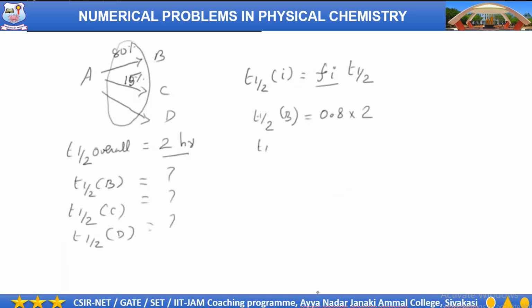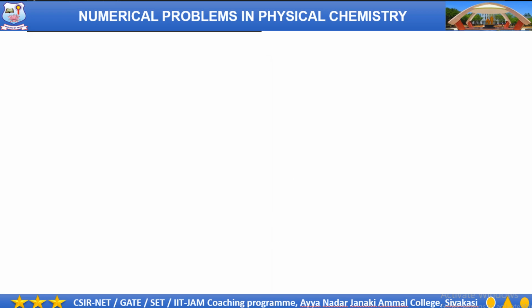T half of C, it is 15%, is equal to 0.15 into 2. And T half of D, the rest, is 0.05 into 2. Multiply this, you will get the half-life period. Okay? This is the way you can calculate the half-life.